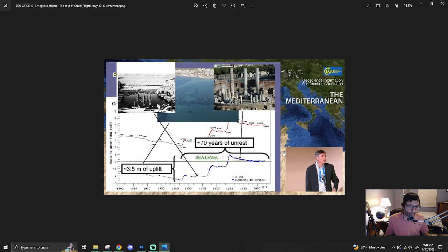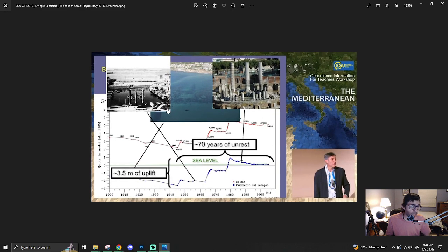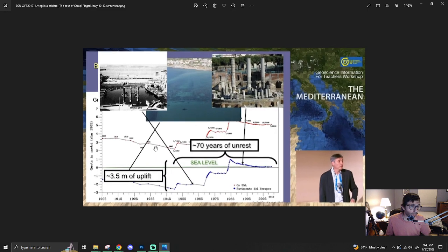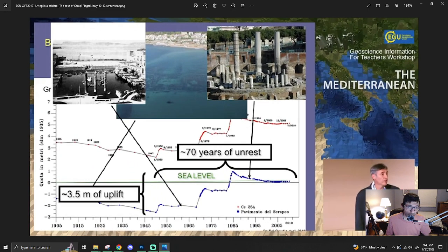It's got many possible caldera sizes. Huge caldera, many smaller ones. So here's a place that was below sea level, and now is above sea level in 70 years of unrest. And that's it. Okay, I'll link these videos.